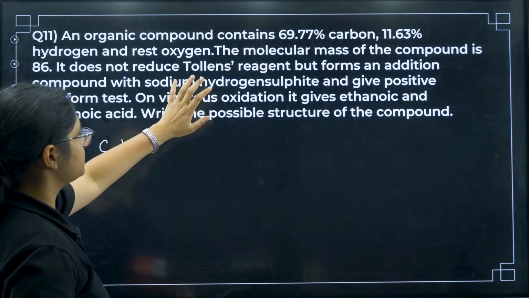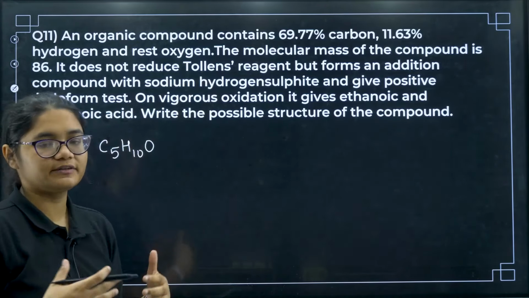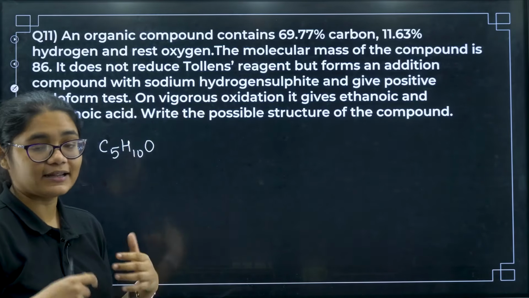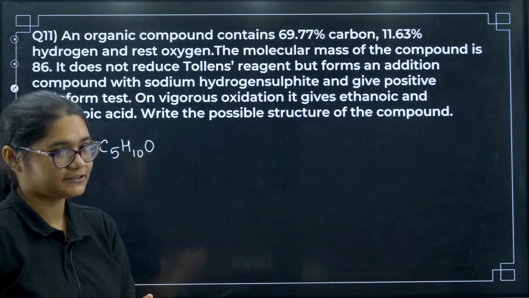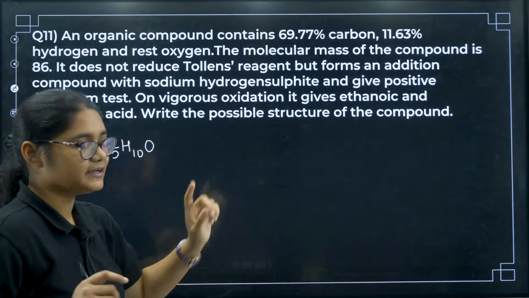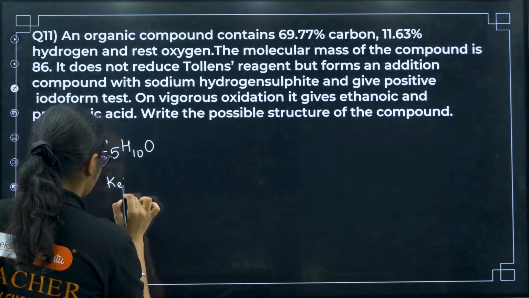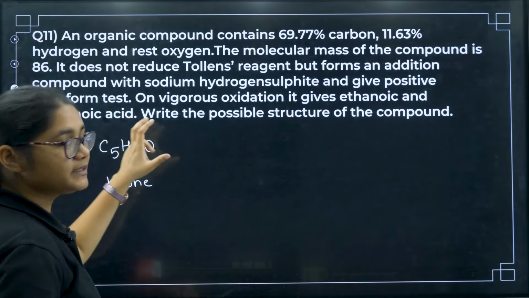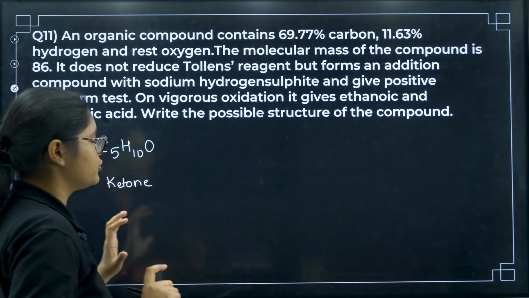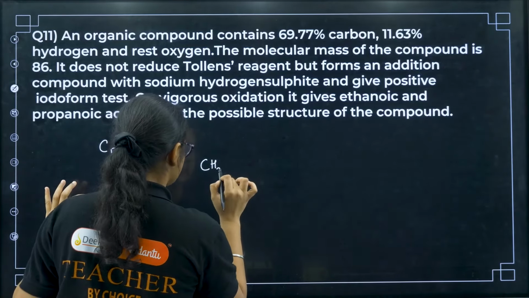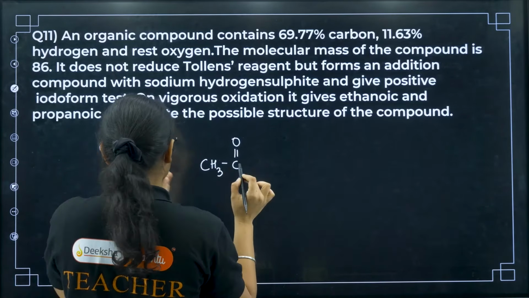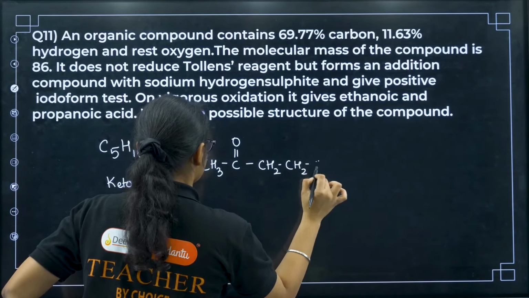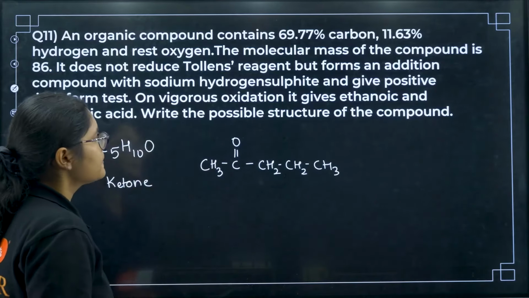It does not reduce Tollens reagent but gives an addition product with sodium hydrogen sulfite, which means it is an aldehyde or a ketone because it reacts with NaHSO3. Not giving Tollens test means it has to be a ketone group. Next, it gives a positive iodoform test, which means the CH3CO group should be there, with five carbons in total.